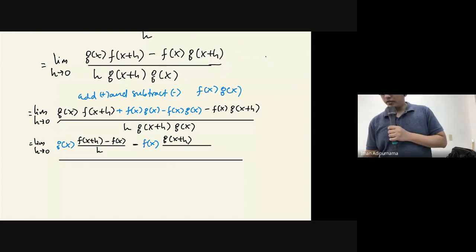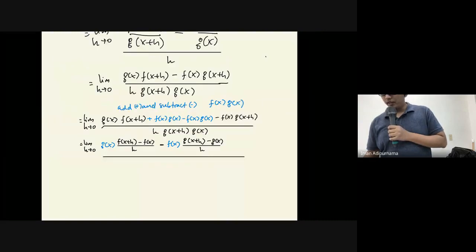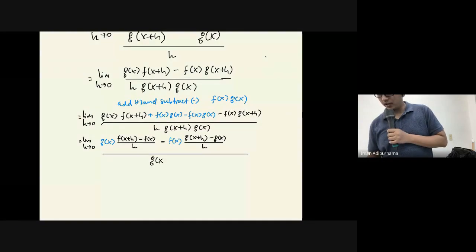And we also group with the f(x) g(x), the second one here. But because this is plus, it's already negative, so we are subtracting this expression with g(x). And same h. And the bottom, we only have g(x plus h) g(x).